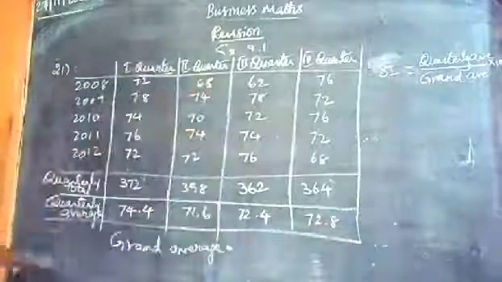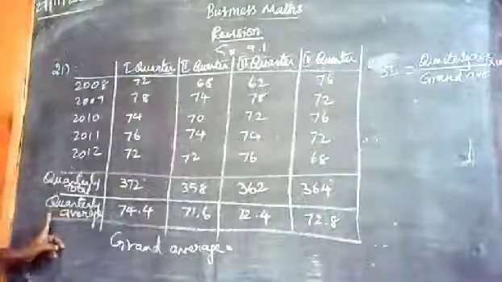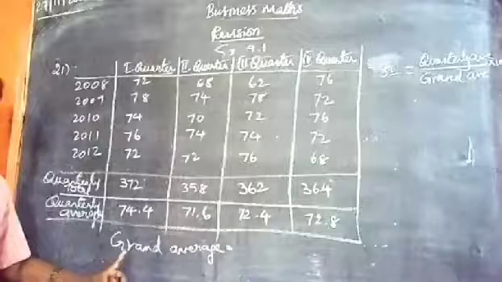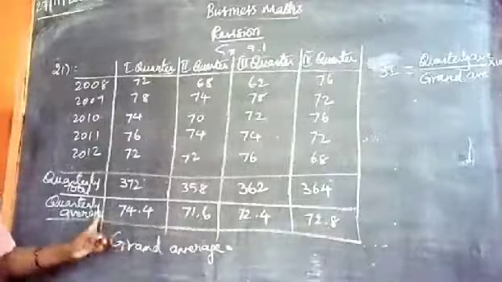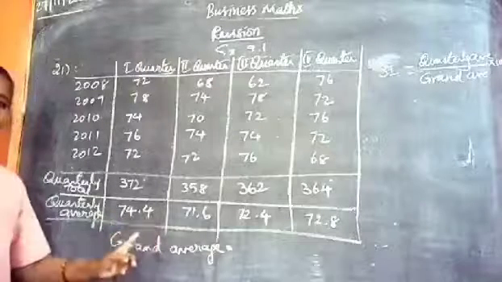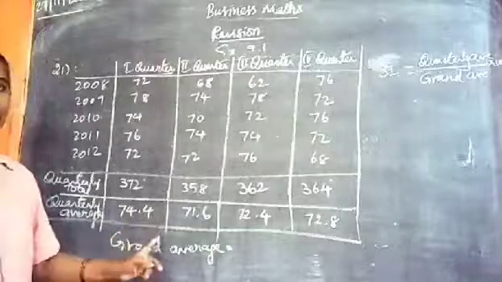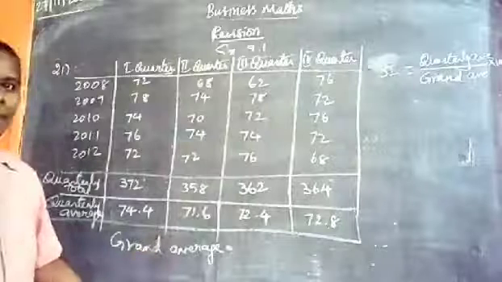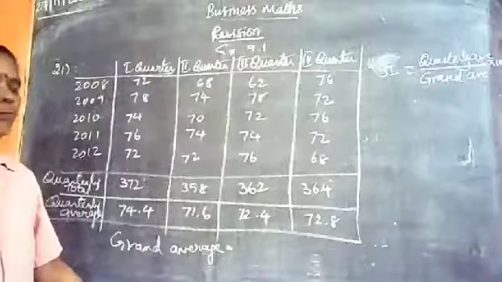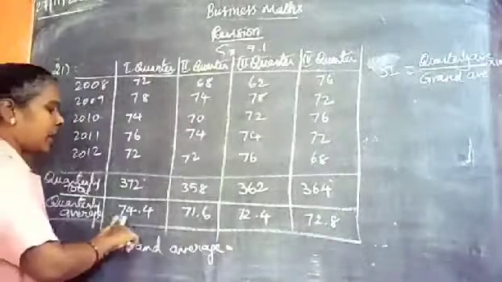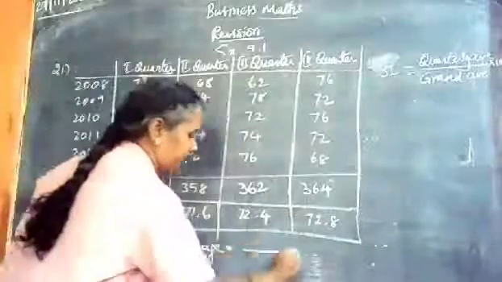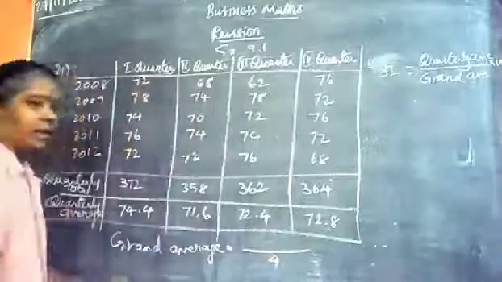Almost our work is over. Now we want to find the grand average. The grand average is the total of the quarterly averages divided by 4, because we are adding 4 quarterly averages.